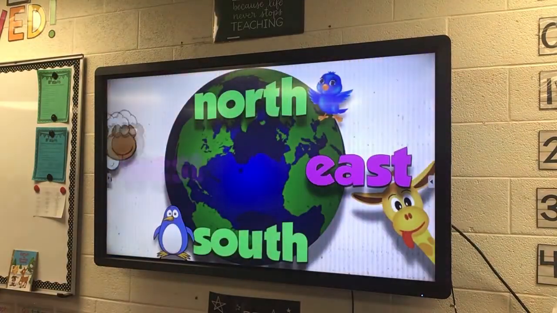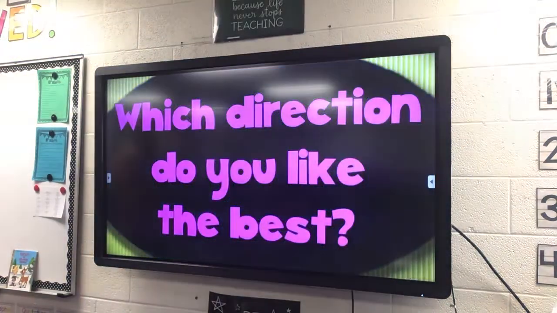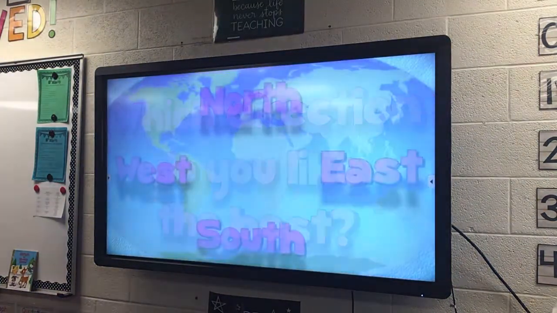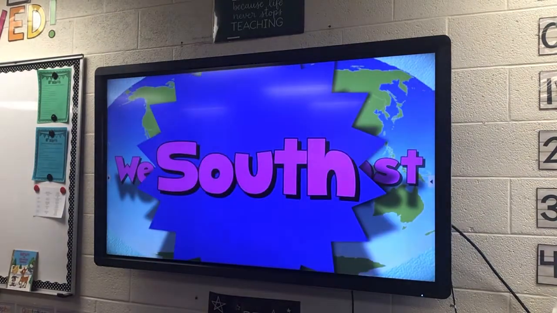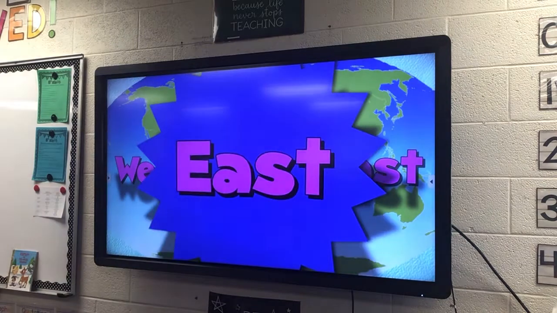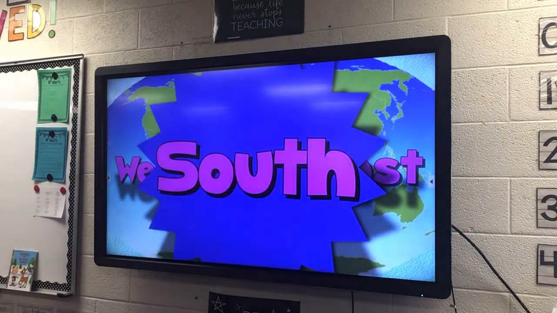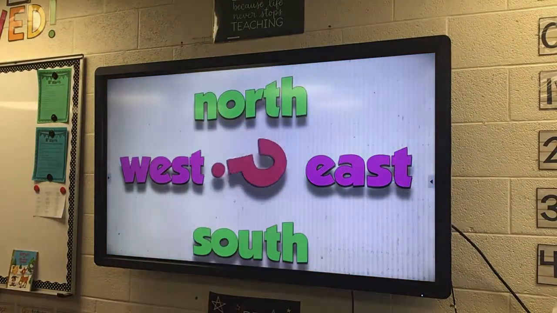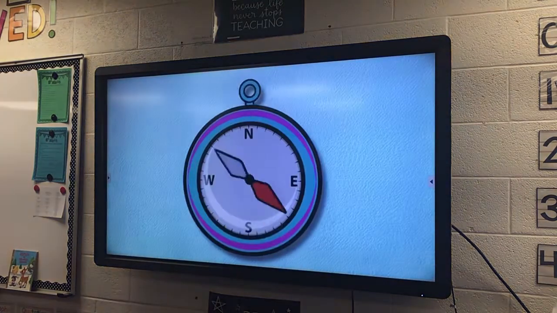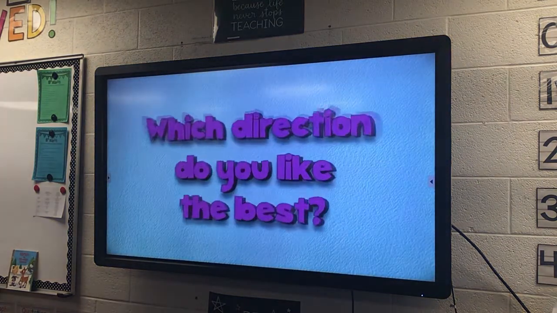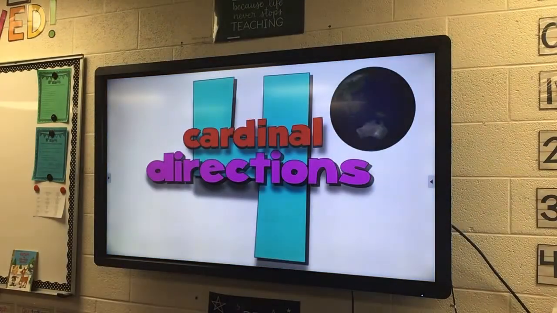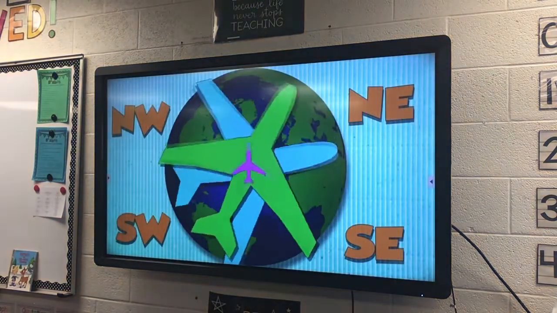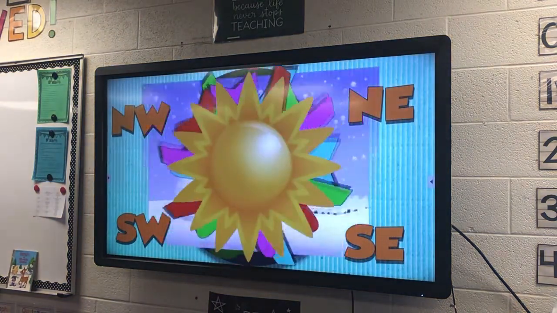North, south, east or west, which direction do you like the best? Four cardinal directions that I know. North, south, east, and west we go. Or mix them all up, then go fast, not slow, to the sunshine or the snow.